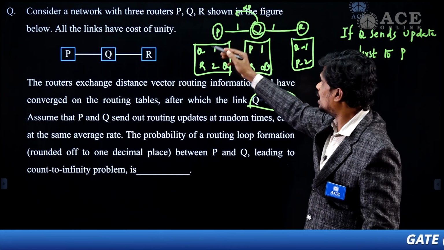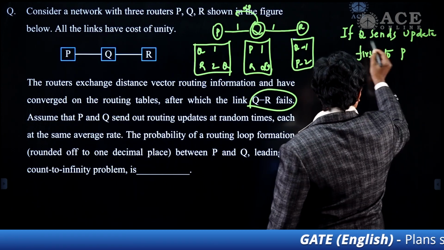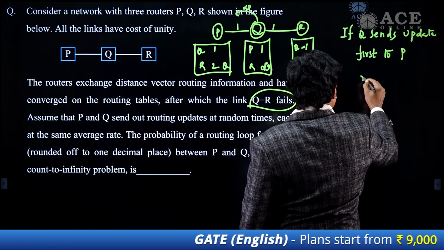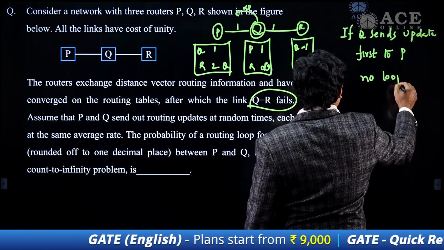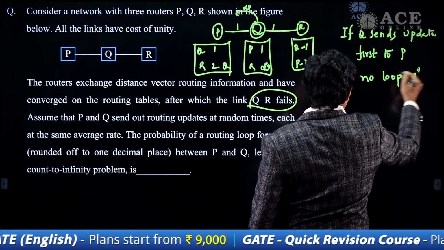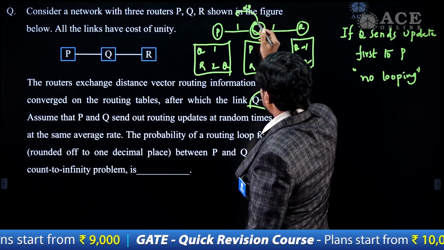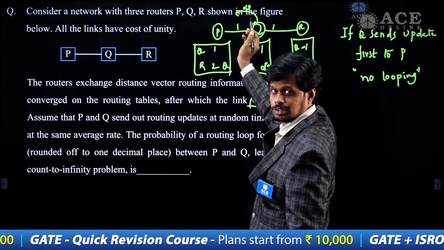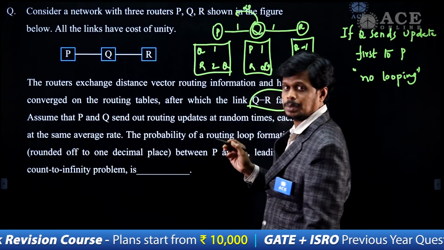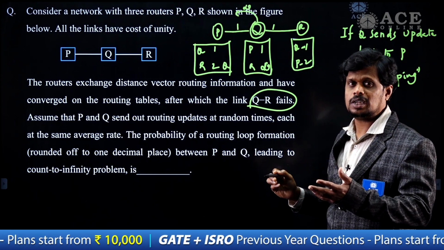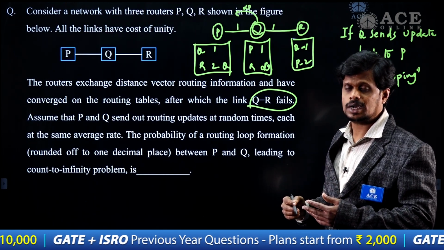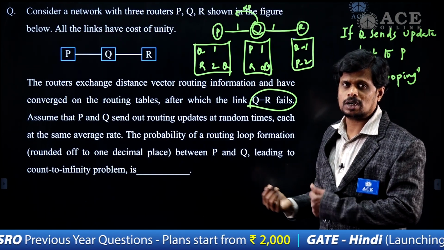So if Q sends update first to the P, then we don't have looping, no looping. Of course this is going slowly, at the end reaching to the P, so that there is no loop. P is knowing about that particular link without having any loop.